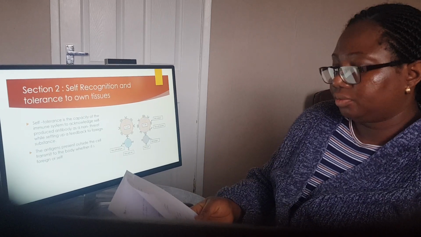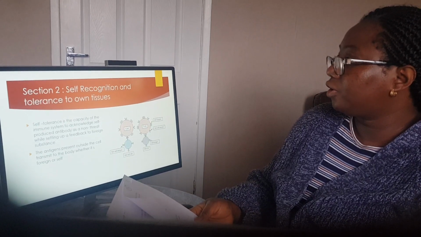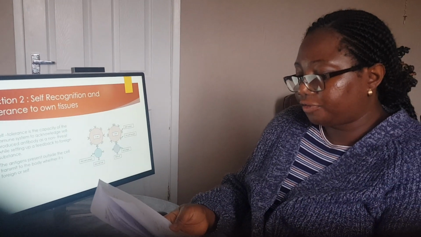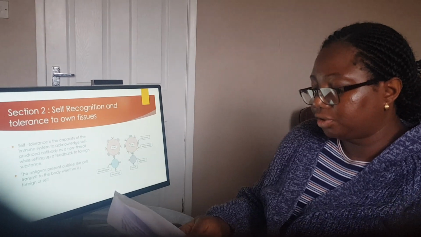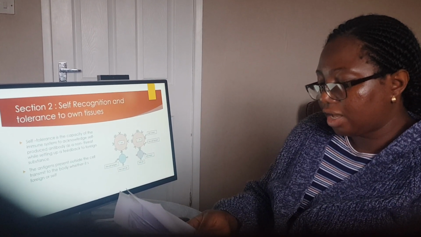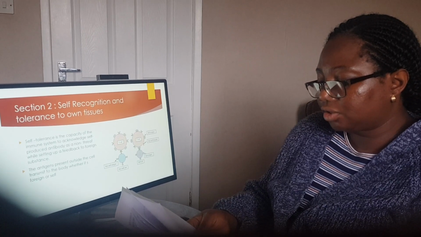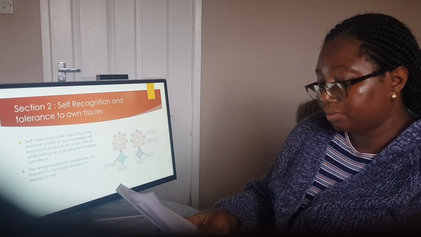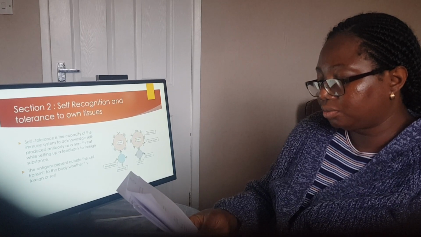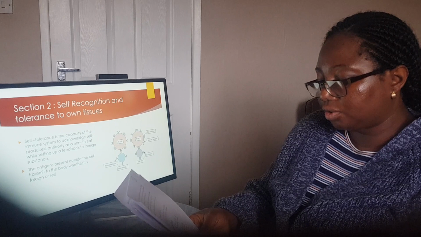Section 2. Self-recognition and tolerance to own tissues. Self-recognition is the capacity of the immune system to acknowledge self-produced antibody as a non-threat while setting up a response to foreign substances. The antigen present outside the cell signals to the body whether it is foreign or self.